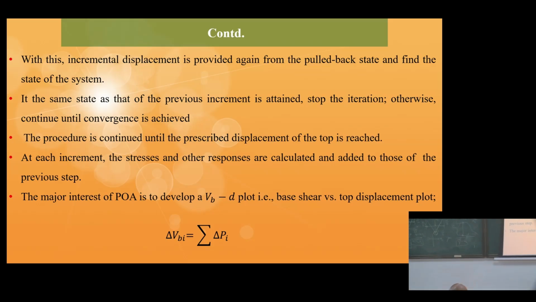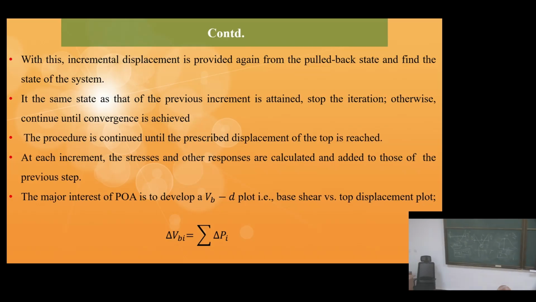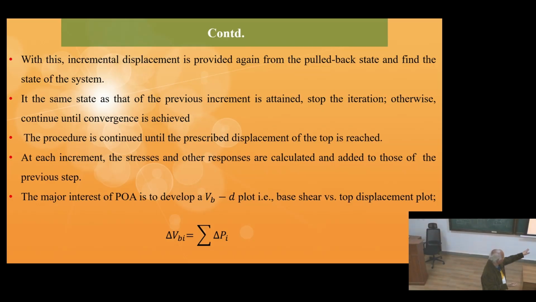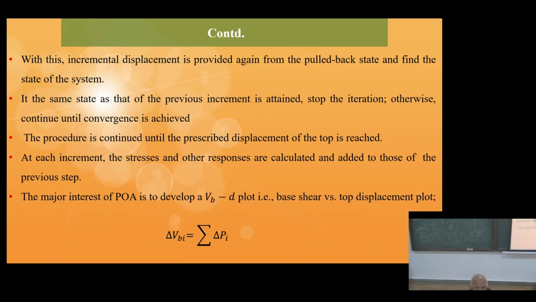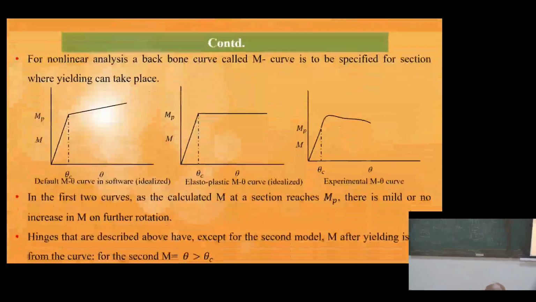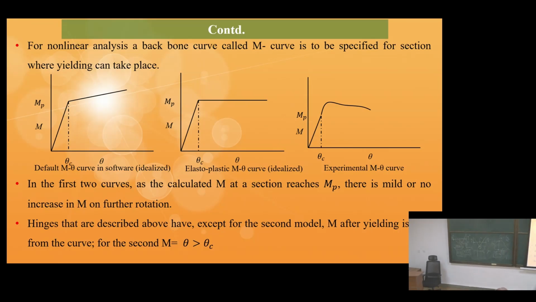So for each increment, whatever is the delta Vi, which will be a summation of delta Pi, that means all the incremental forces that you add up, I get delta Vi, which you add to the previous Vi, and go on like this. Finally, at each displacement, I get a value of Vi, and we have a plot.